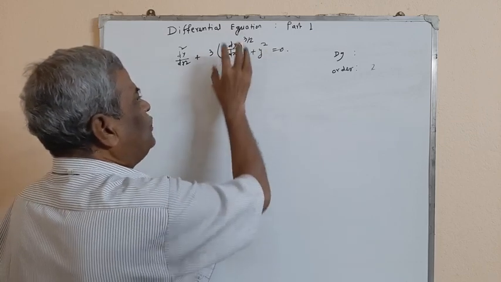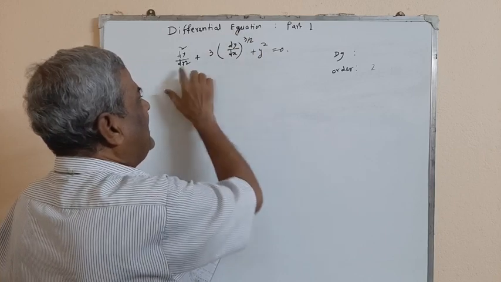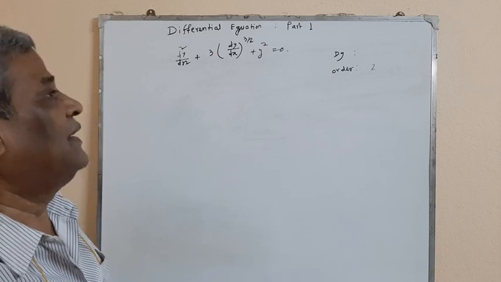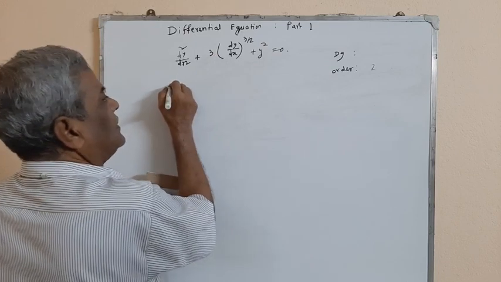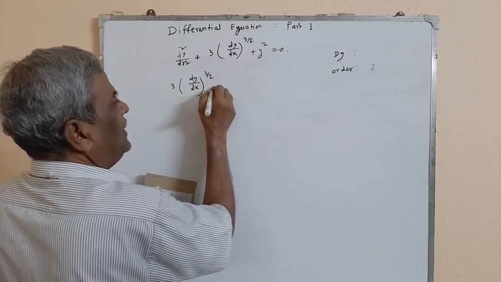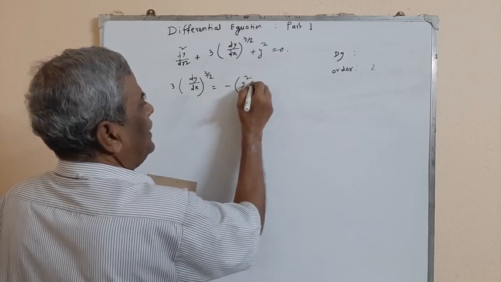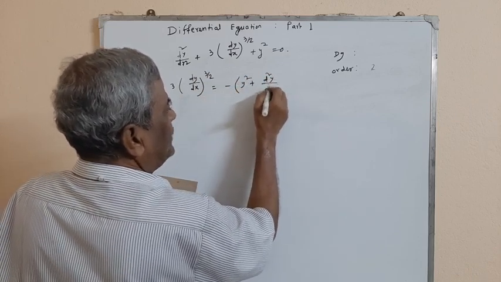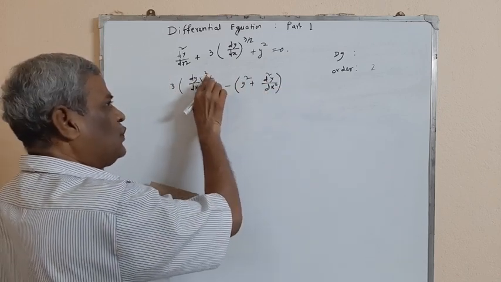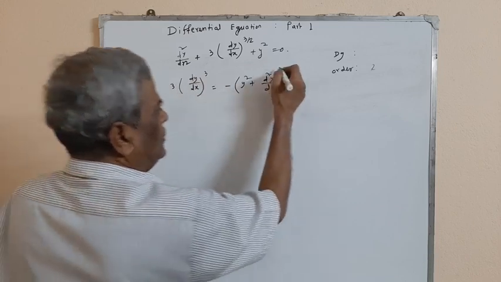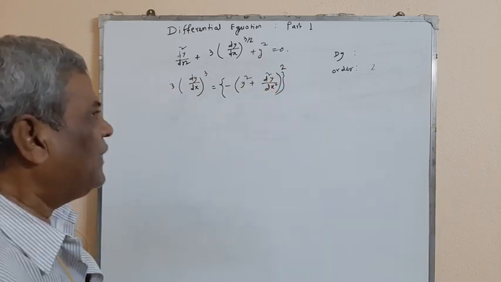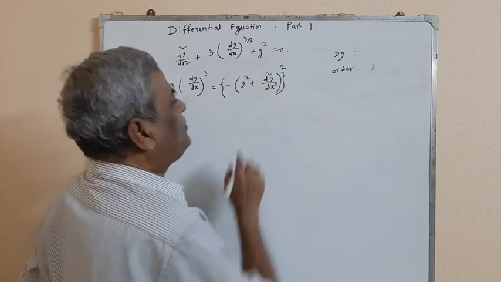For that purpose, you have to put this on one side and the others together on the other side, and square both sides. It will be 3 (dy/dx) to the power 3/2 is equal to minus y square plus d2y/dx2. Now squaring both sides, this to the power 3, this to the power 2, we can expand it very easily.